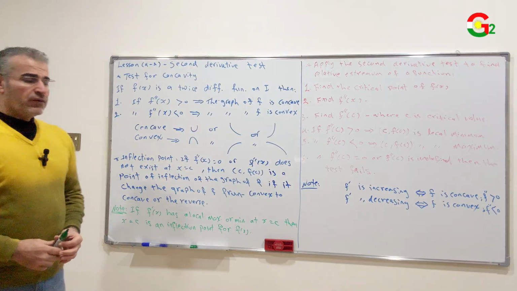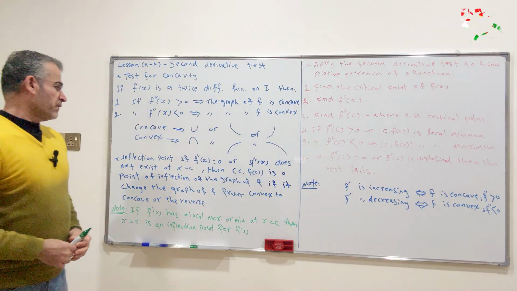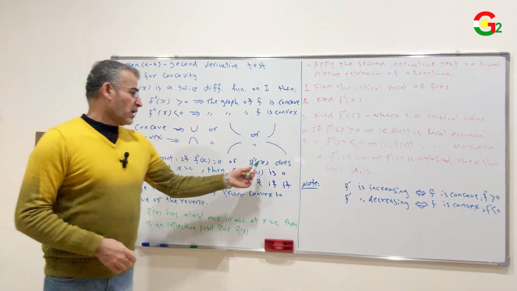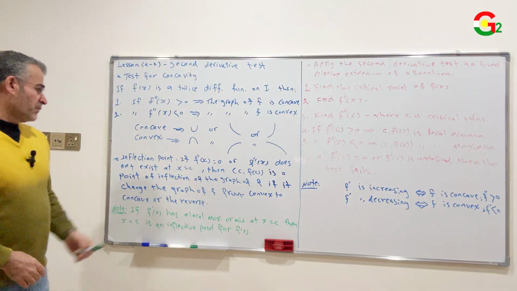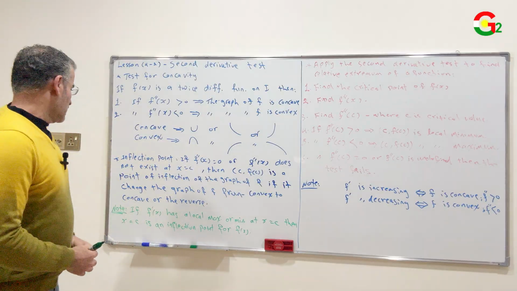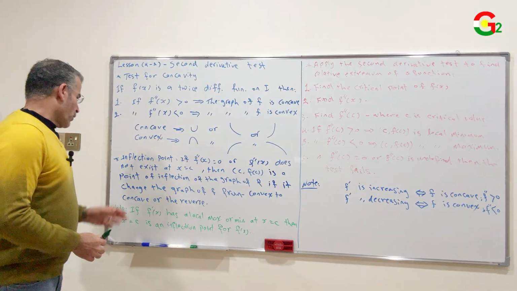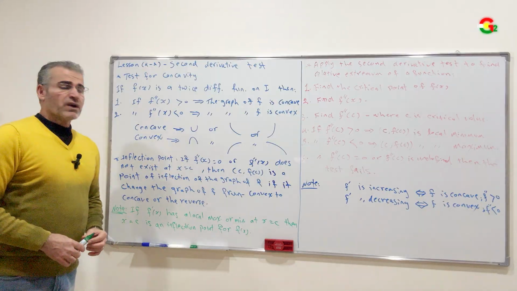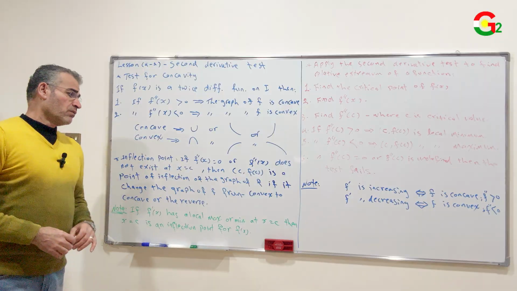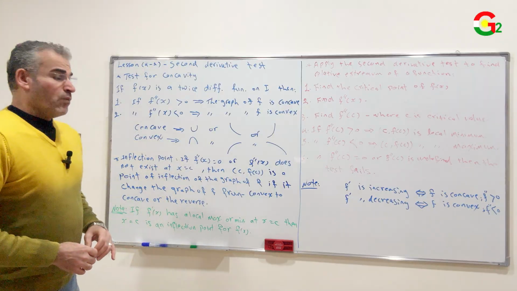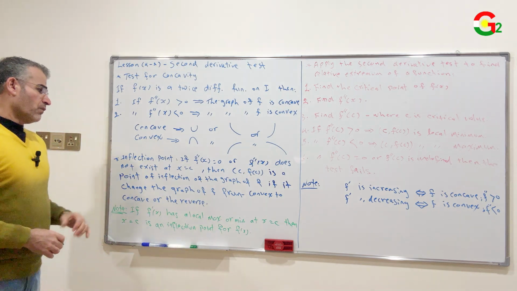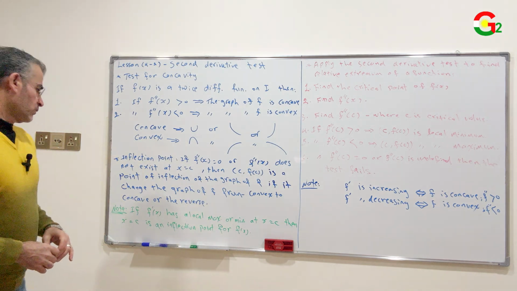The definition of inflection point: if f double prime of x equals 0, or f double prime of x does not exist at x equals c, then c and f of c is a point of inflection of the graph of f if it satisfies the condition: the graph of f changes from convex to concave, or the reverse, from concave to convex.